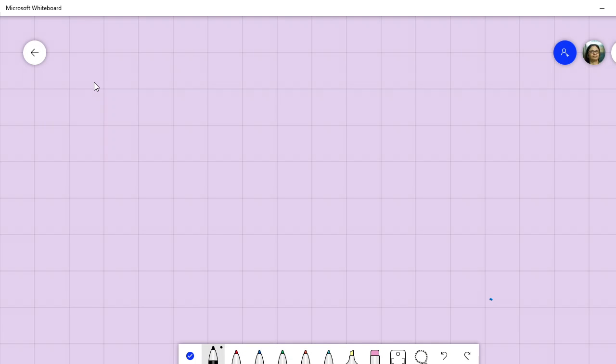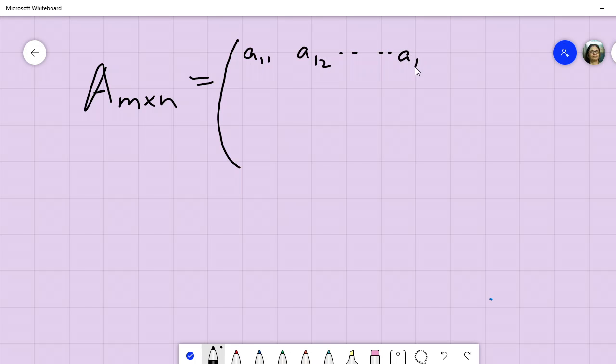So whenever there is a matrix, say A, suppose it is written in standard form: A11, A12, etc., up to A1n, n columns are there, then A21, A22, up to A2n, and so on.